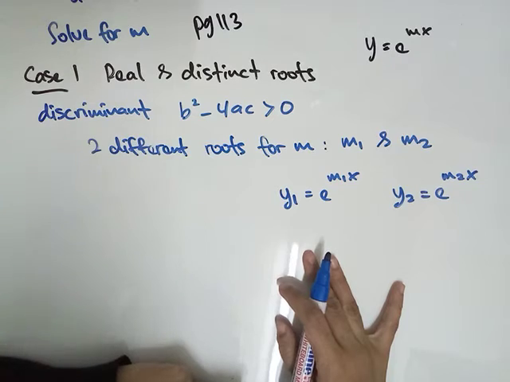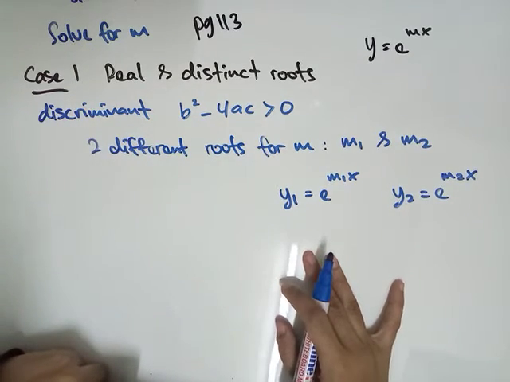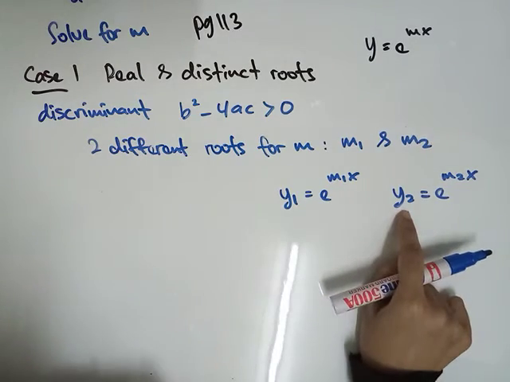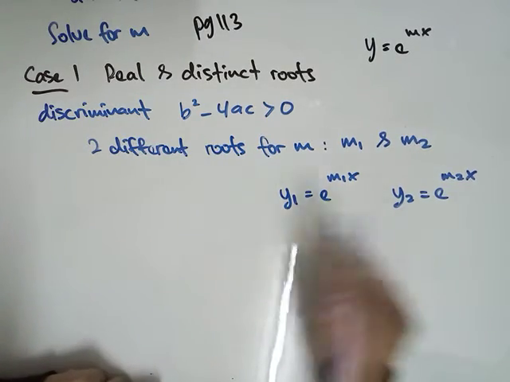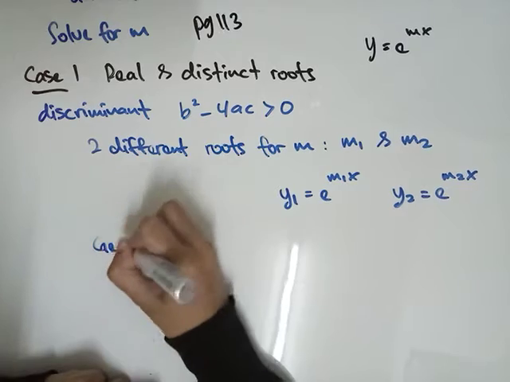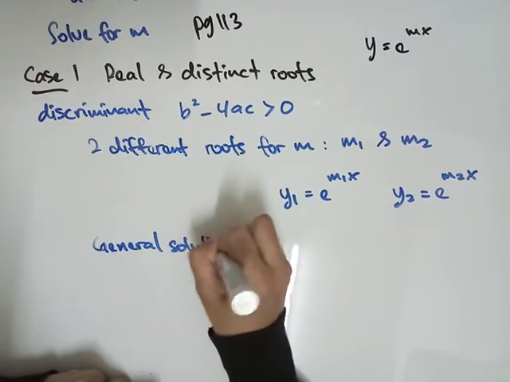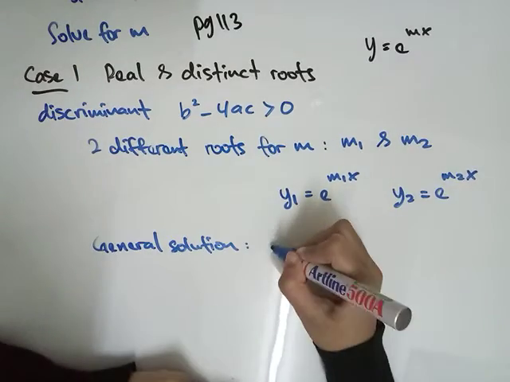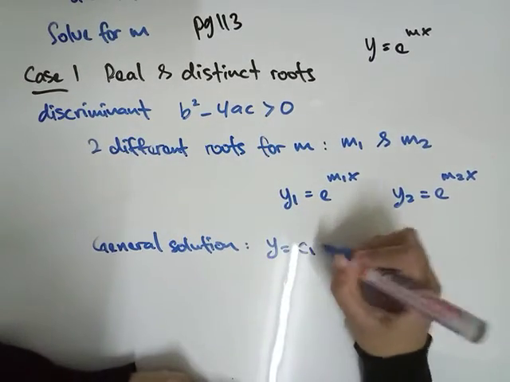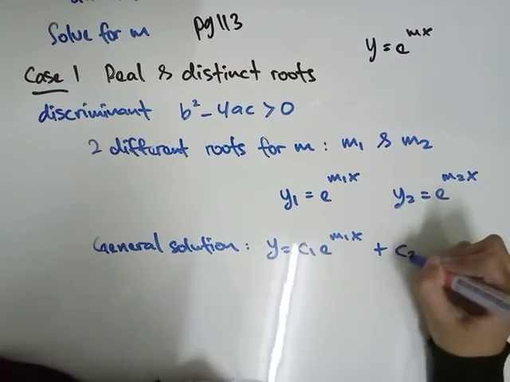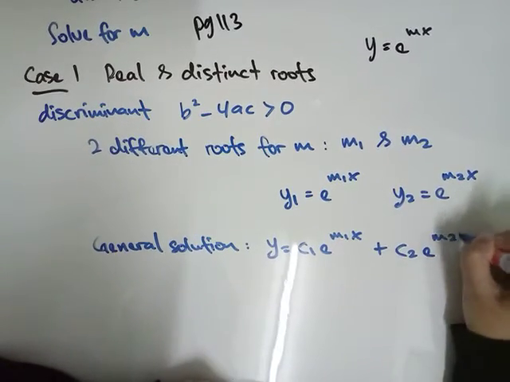Then the general solution. After you get the value for y1 and y2, the general solution is y equals to c1 exponent m1x plus c2 exponent m2x.